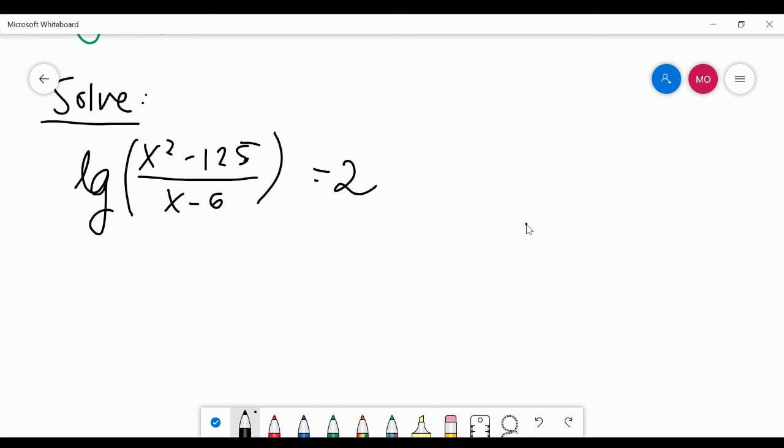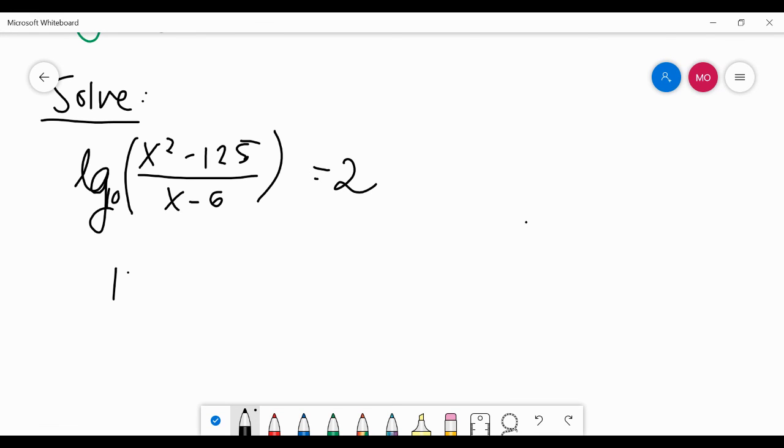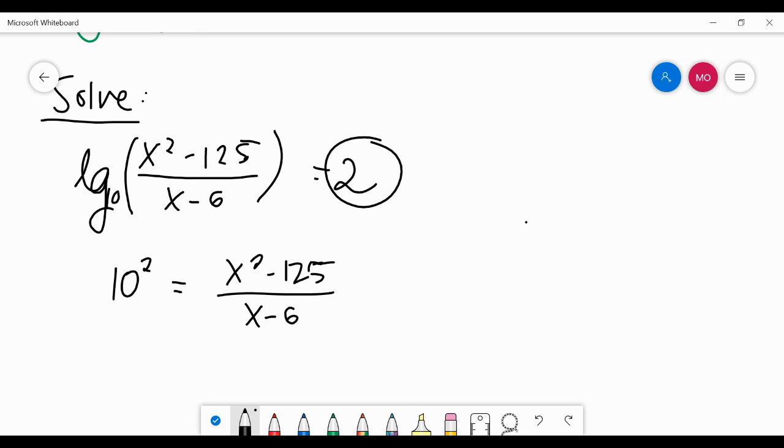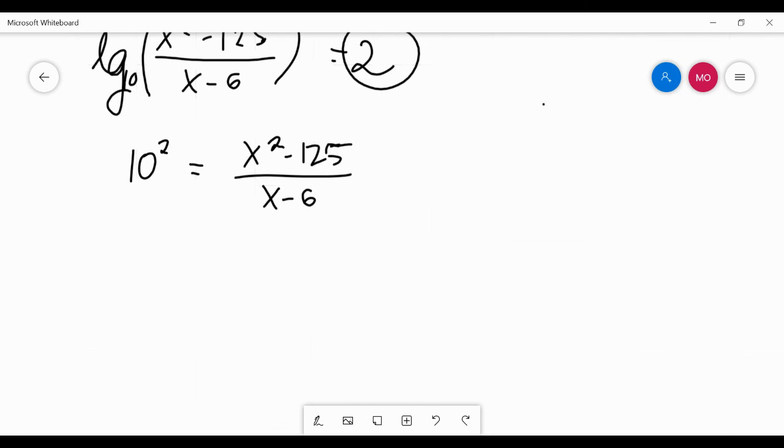Okay, so the base is 10. So this is going to be 10 squared because of the 2 on the other side. And that's going to be equal to the argument, x squared minus 125 over x minus 6. Let's rearrange this because we just need to solve for x. So I'm just going to multiply my x minus 6 to the other side.